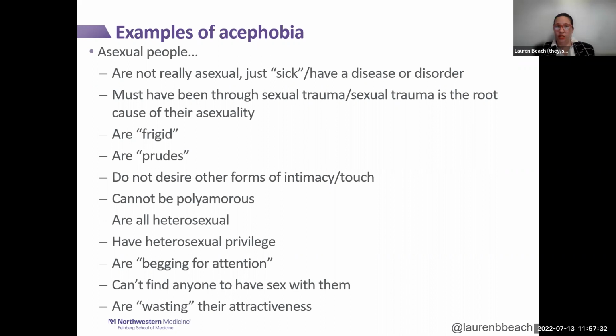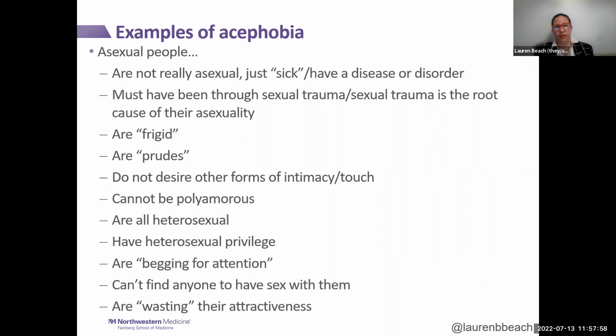There's this idea that we saw again, just with our most recent assignment, that asexuality, like all other non-heterosexual sexual identities, would be caused by trauma or abuse. So trauma, or in particular sexual trauma, must be the root cause of a person's asexuality. There's this idea that all ace people are frigid, are prudes, don't desire any forms of intimacy or touch in general.